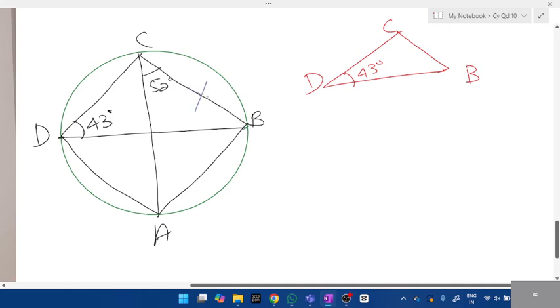So don't consider this base. Consider arc. Now is it clear? What's the arc for triangle BCD? BC, right? Yes, BC is the arc. Now using the same arc, tell me where is another triangle formed?